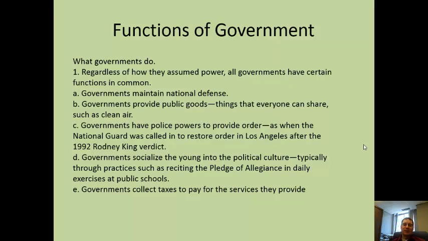It's another example of the government socializing everyone to a culture that reestablishes the government. Governments collect taxes and then provide services, right? Well, the taxes and the services is where a lot of the debates are. Should we provide this service? Well, if we do, it costs more money, therefore we have to raise taxes. Taxes are too high, taxes are too low. All those kinds of things come into play when we talk about governments.